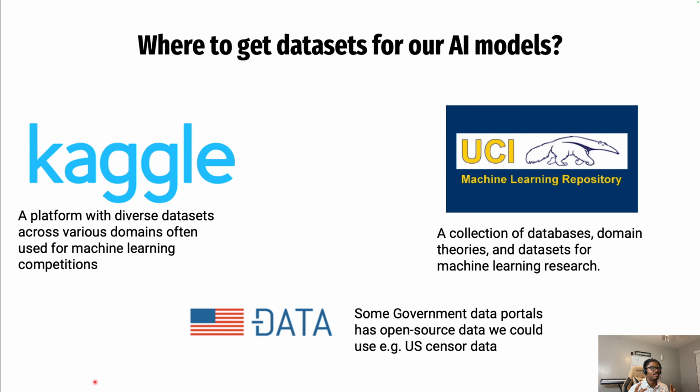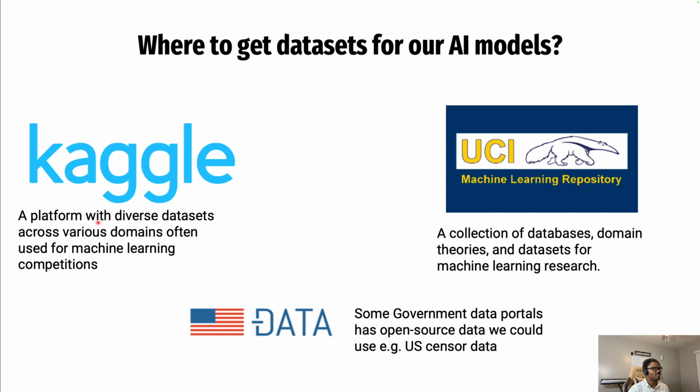But there are places where you can get data sets that are really good, and some of the websites that we're going to be using in this class are these three. When we are ready to get the data, I will show you guys where and how to use it. So there's one called Kaggle.